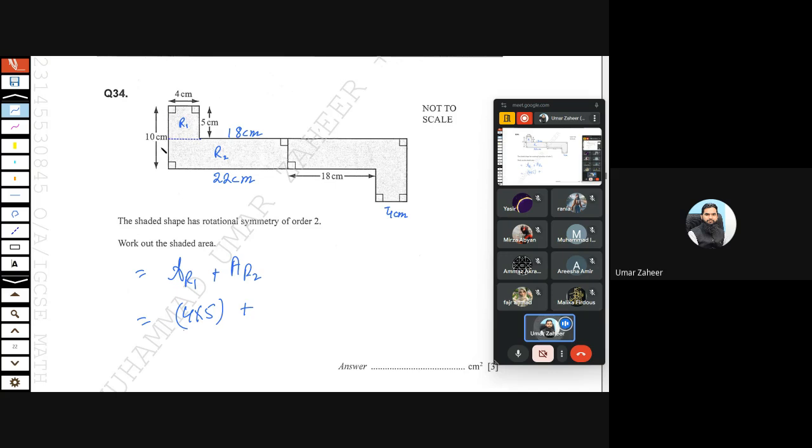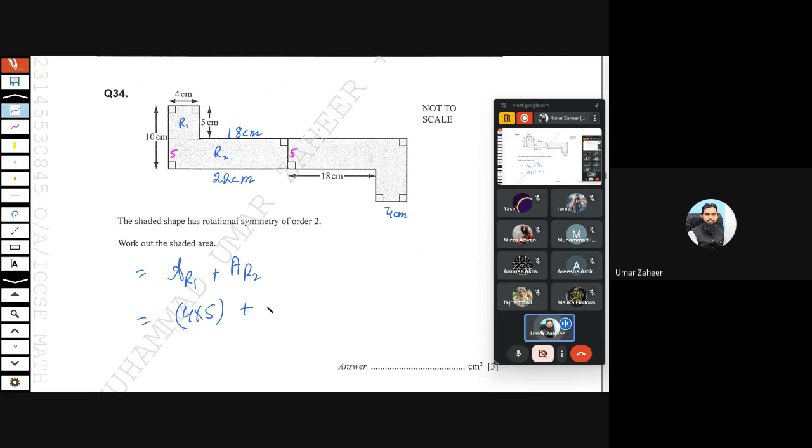The whole length is 10 centimeter and this part is 5 centimeter, right? So 10 minus 5, this means that it will be 5 centimeter as well. Okay. So the length is 22 centimeter and the width is 5 centimeter.